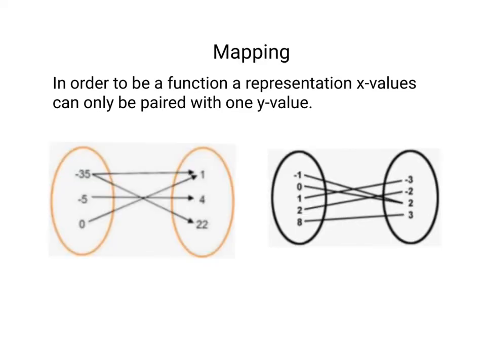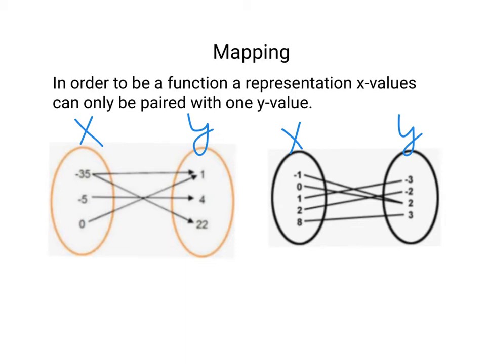Mapping is the new version of data that you have seen this year as 8th grade students. When we're looking at mapping, we need to remember that the x values are represented in the first circle and the y values are represented in the second one, or you can say x is on the left, y is on the right. The definition is still that one x value can only be paired with one y value.